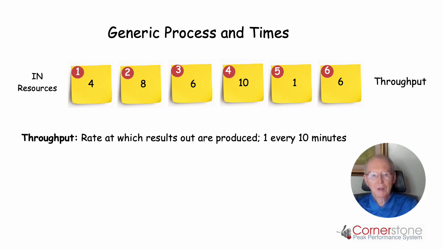So throughput is the rate at which items are produced. In this case, they produced 1 every 10 minutes. And the reason for that is that you can see there's one step, number 4, which is 10 minutes. And you can't get anything out faster than every 10 minutes because of that, what we call the constraint. So the throughput here is a rate at which items are produced, in this case, 1 every 10 minutes.